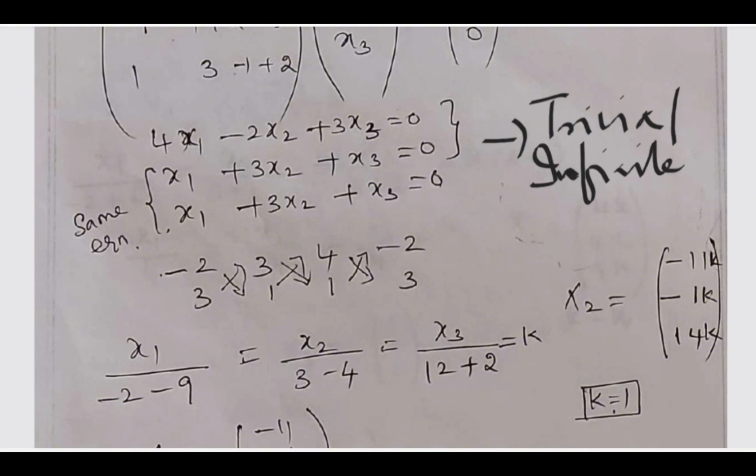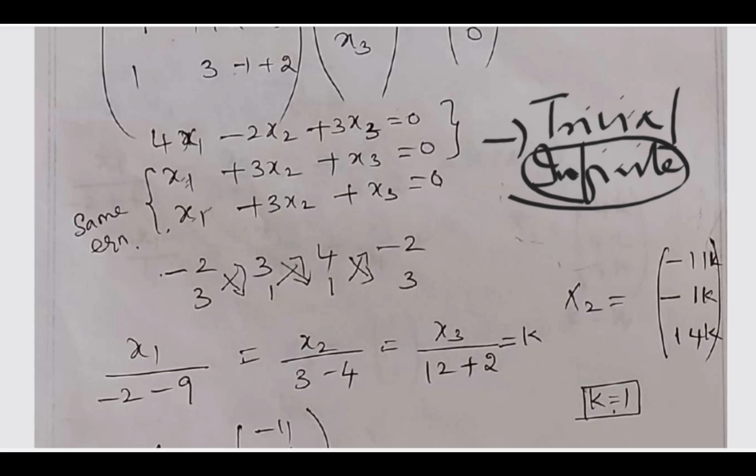Okay, so we need to consider only the infinite number of solutions, but you see that here these two equations are the same. So by solving these two equations, it leads to the trivial solution only. On that basis, you should not write the trivial solution as the solution of this equation. That is completely wrong. We can't write the 0 vector as the eigenvector for the given problem.